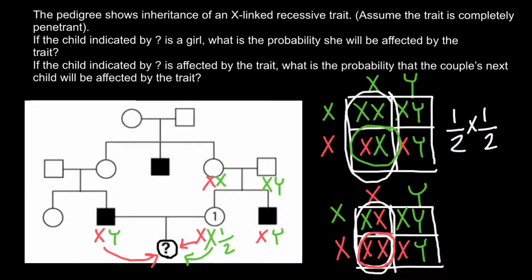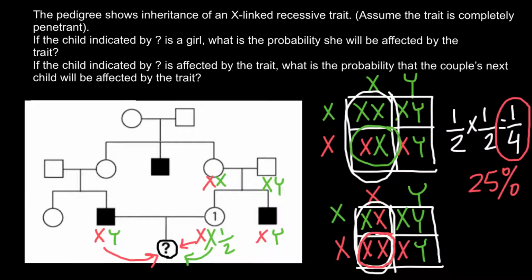That's why we have to multiply these two probabilities. So probability that the daughter would be affected with this genetic disorder would be 1/4, or 25%.